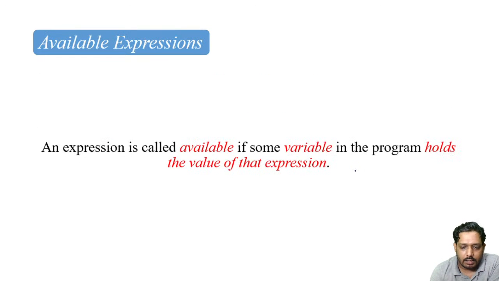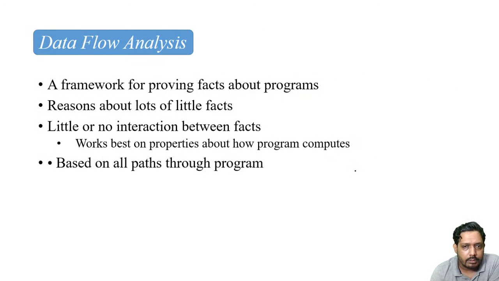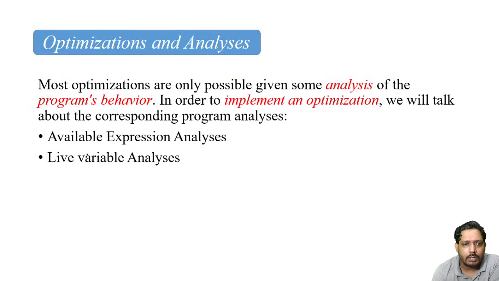The first analysis we are going to do is the framework of data flow analysis. I already told you about the data flow analysis. For implementing the first two parts, common sub expression elimination, we are going to do the analysis of available expression analysis.